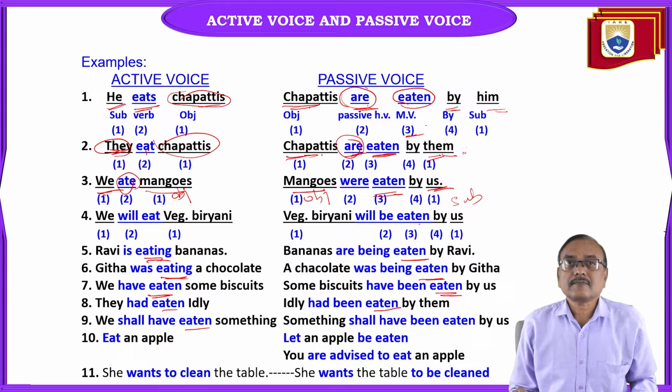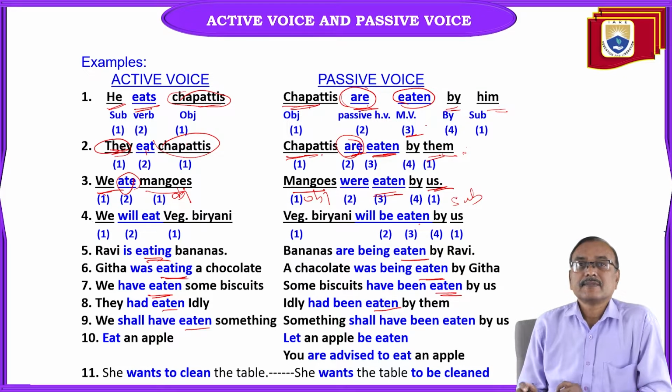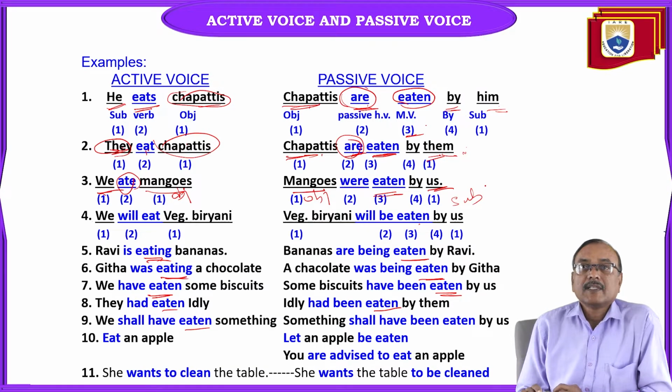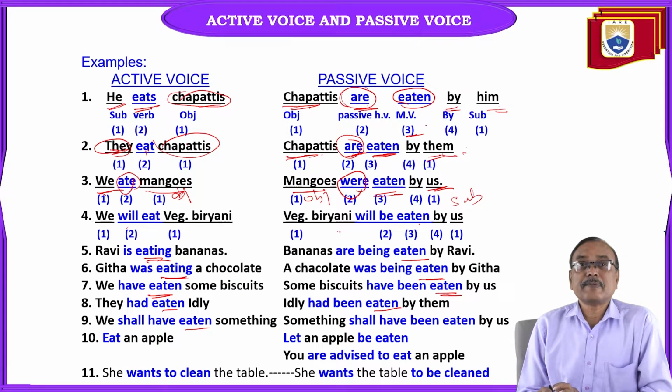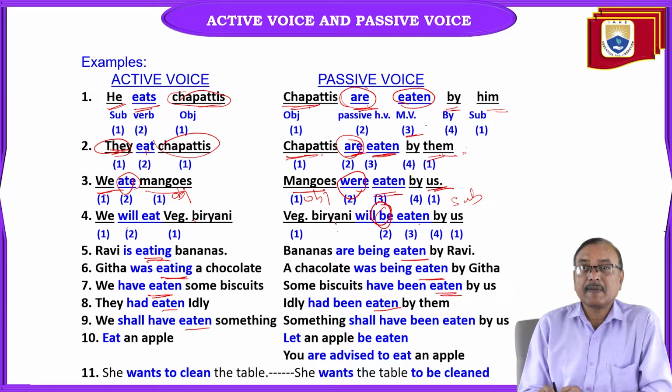Now see this. We ate mangoes. Mangoes were eaten by us. So here it is were. Next, we will eat veg biryani. Veg biryani will be eaten. What is coming extra here? We is coming. Veg biryani is coming to this place.